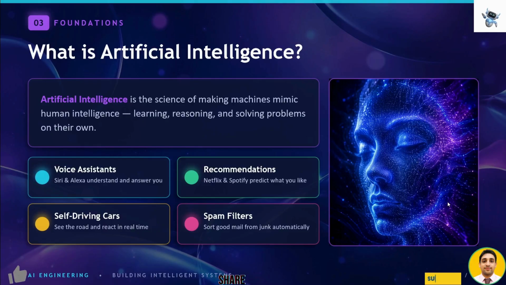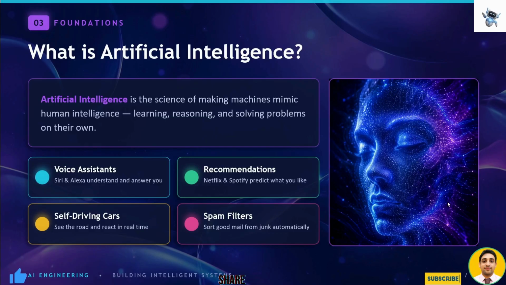This might sound abstract, so let's make it concrete with examples you already interact with every day. Take voice assistants like Siri and Alexa. When you ask them a question, they are using AI to understand your speech, process the meaning behind your words, and generate a relevant answer.